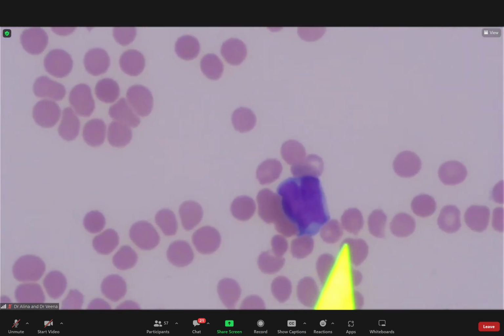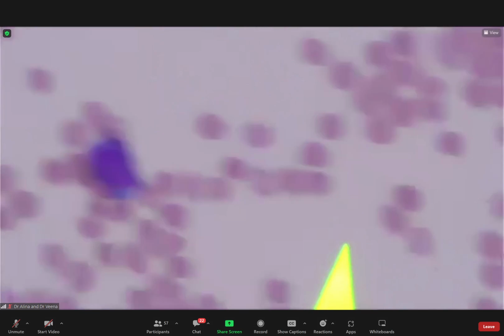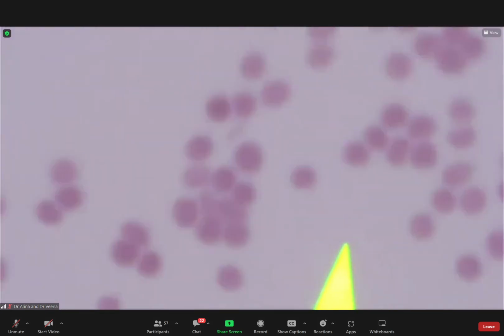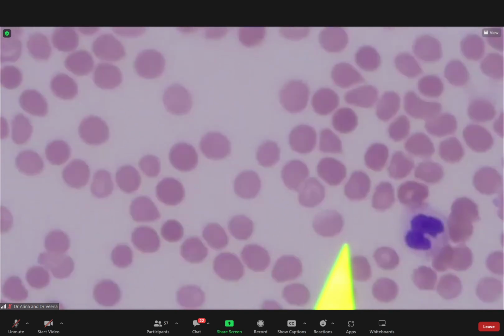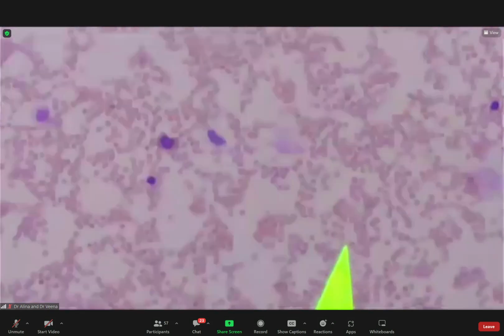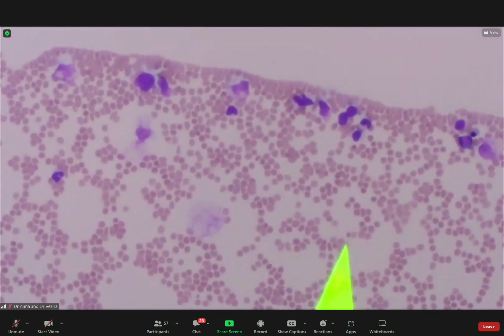Okay. The cells are quite blue. They have bluish cytoplasm. Okay, bear with me while I look for typical looking cells.